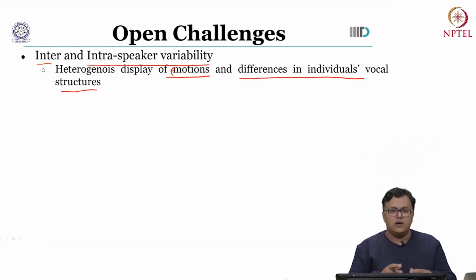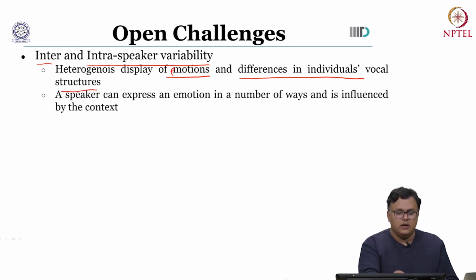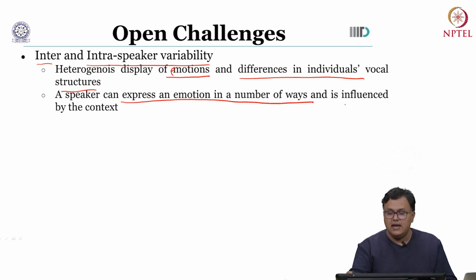Okay, even though let's say you have n Indian speakers, they will have different vocal structures, which will lead to the variability in the data which is captured. Further, a speaker can express an emotion in n number of ways and is influenced by the context.